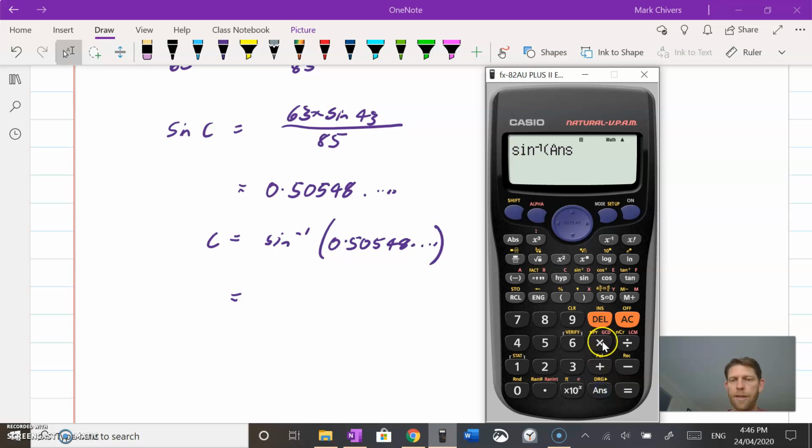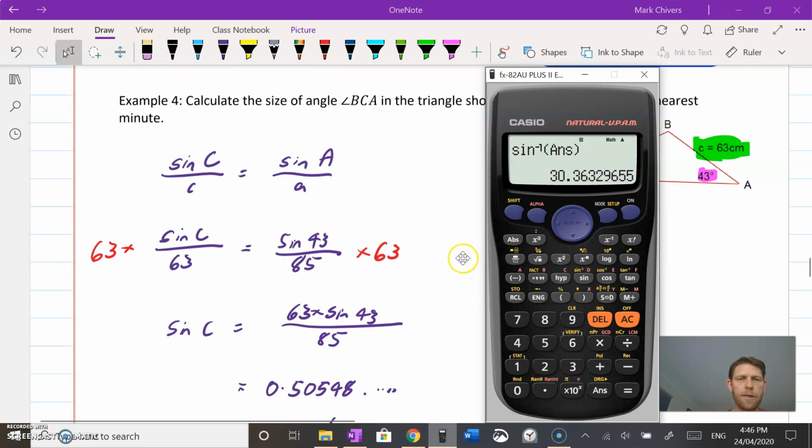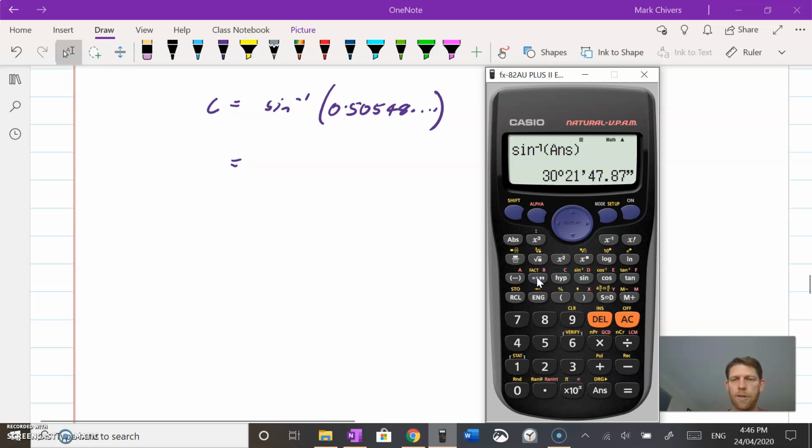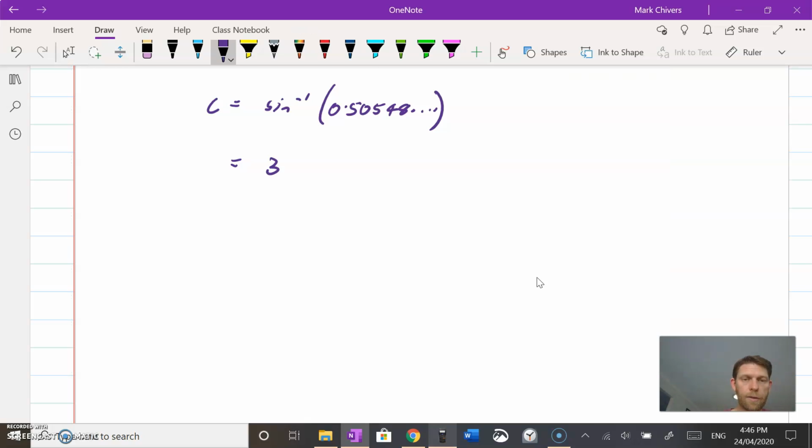And then we just put Answer there in the brackets, and that's going to give us our angle, which is 30.36 degrees. Were we asked to find it to the nearest minute? Yes, we were. So we'll put that in degrees, minutes, and seconds. So that's 30 degrees, 22 minutes.